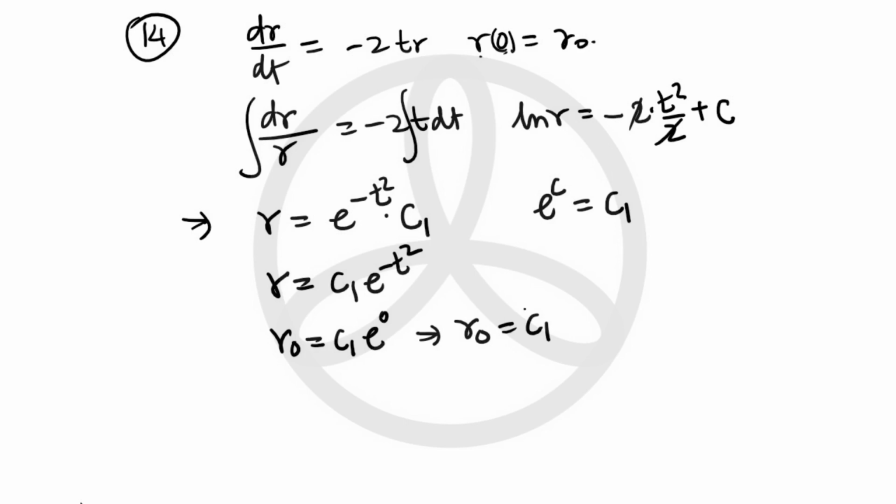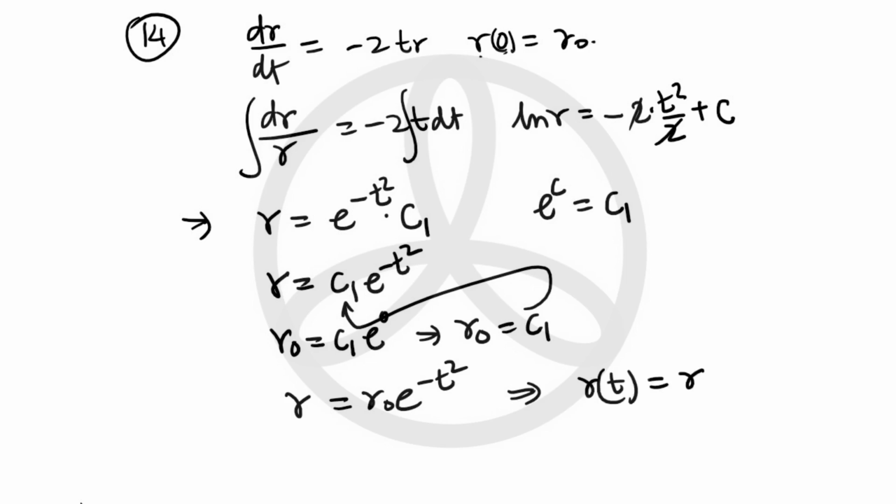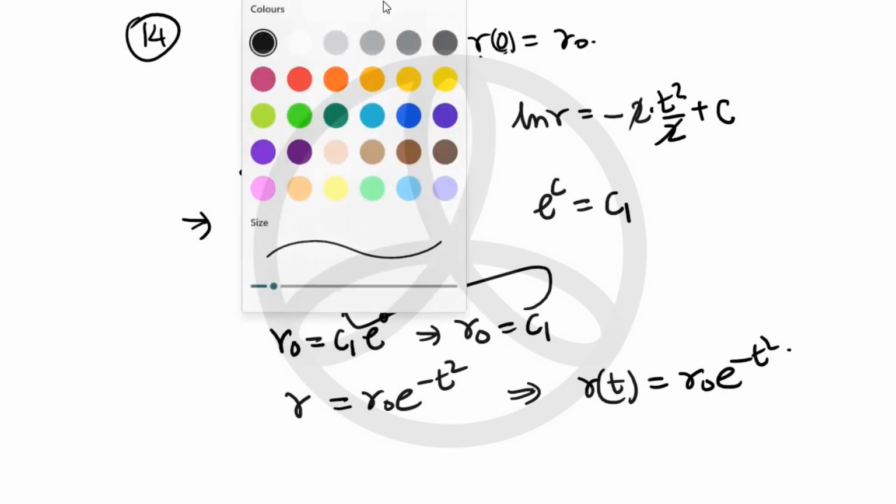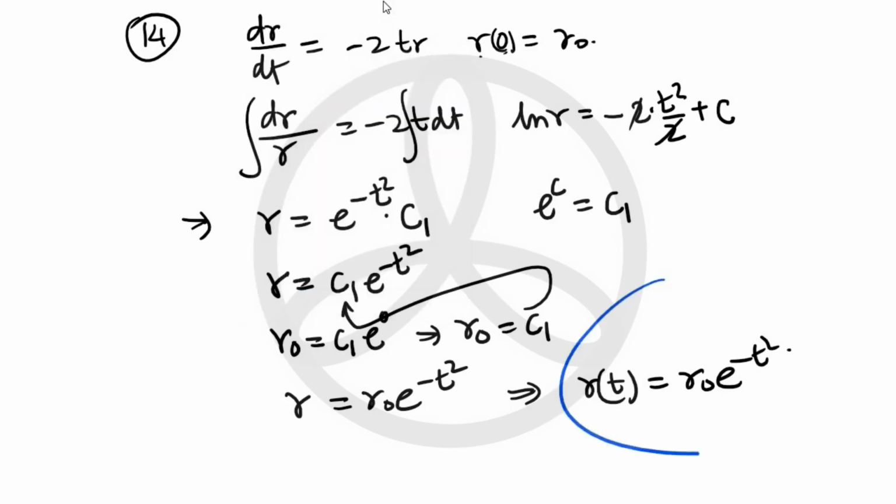Now we substitute this c1 here, and we get our solution as r equals r0 e to the power minus t square. In case you want to write r as a function of t, that can also be written: r(t) equals r0 e to the power minus t square, and this is the final solution.